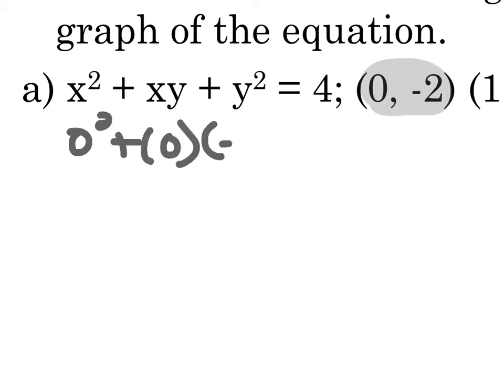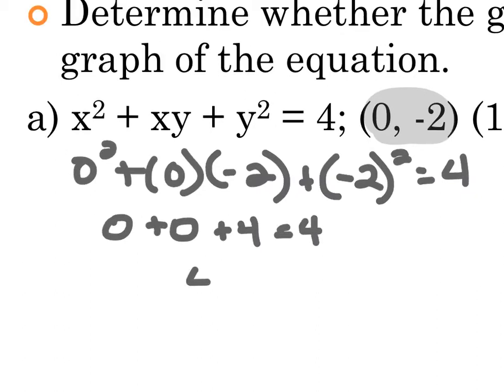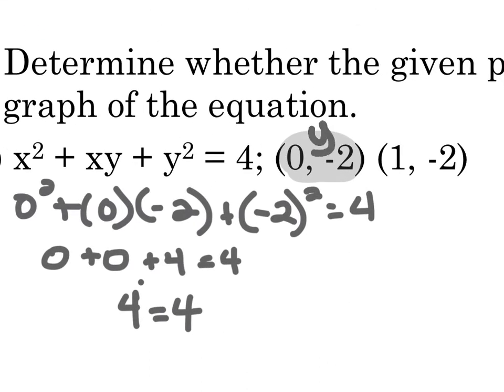And everywhere there's a y, I'm going to replace it with a -2. And if I get a balanced equation, then I can say, yes, this point is on that graph, or a solution to the equation.